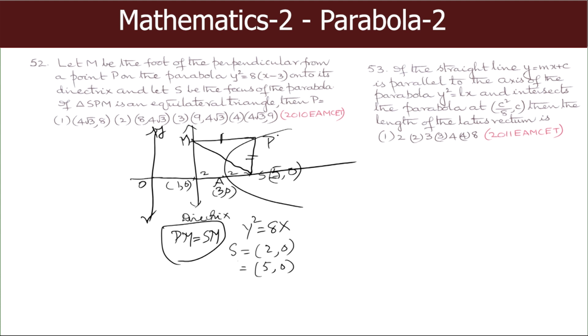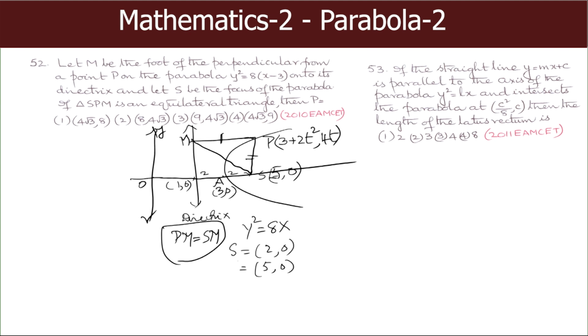And P is (at², 2at), well, (2t² + 3, 4t). A is 2 here. So, that is P. Here, instead of x, I write x minus 3. X minus 3 equal to at², that is 2t². So, x equal to 3 plus 2t².